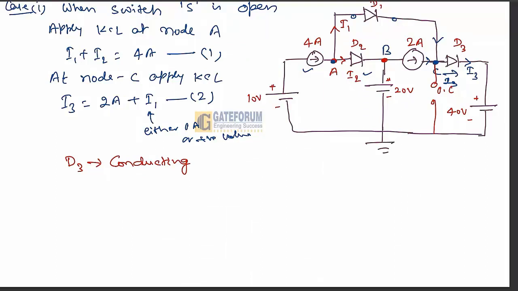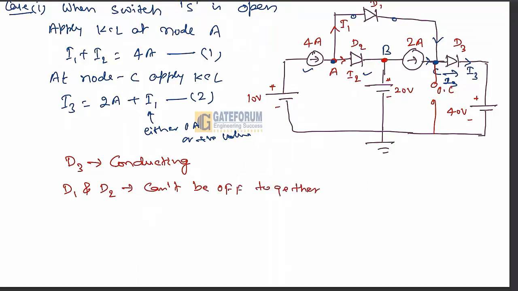Now from the first equation we need to check which diode is in the conducting state. As I had explained, I1 plus I2 is equal to 4 ampere. It means this cannot be negative, and even both cannot be 0 at the same time. It means that D1 and D2 cannot be off together.